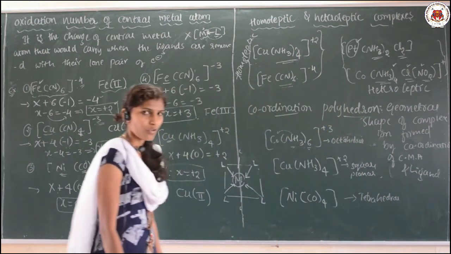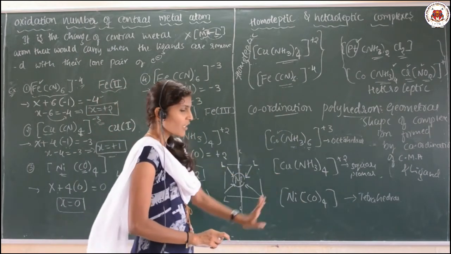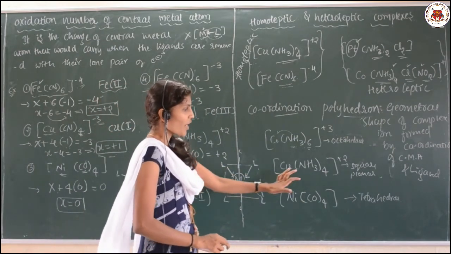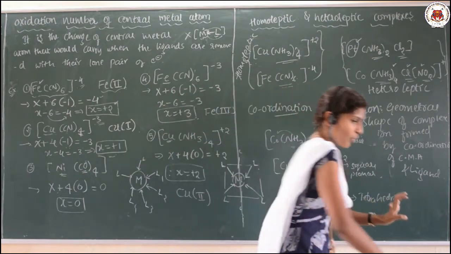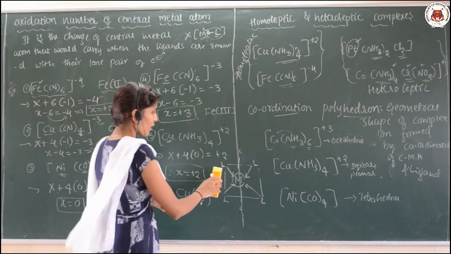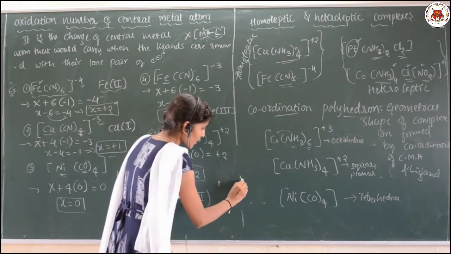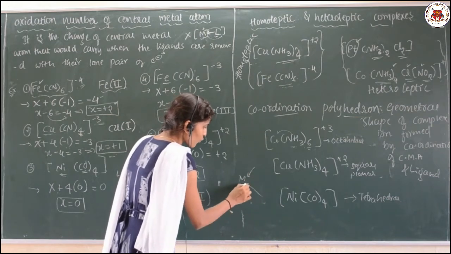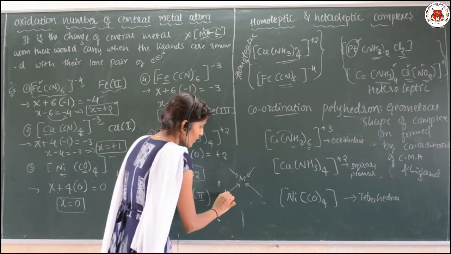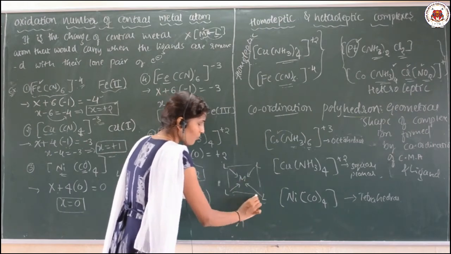Okay. So you might be in confusion, because here also 4 is there, here also 4 is there. Why are we giving the shape here as square planar and here as tetrahedral? So let me explain. Suppose the central metal atom is surrounded by 4 ligands in this way, like this, it is a square planar. Yes or no?